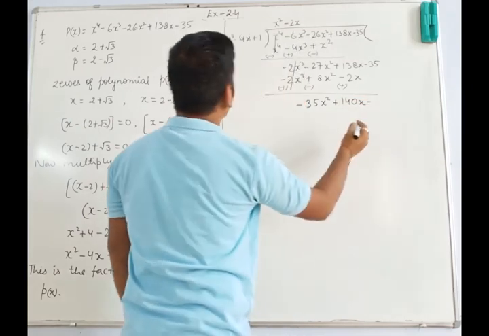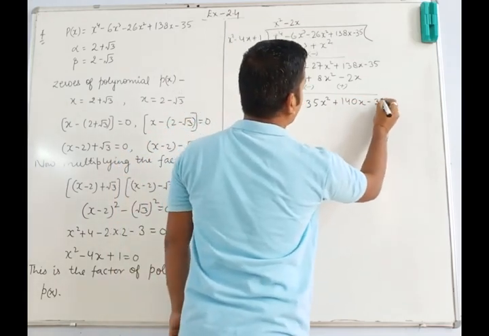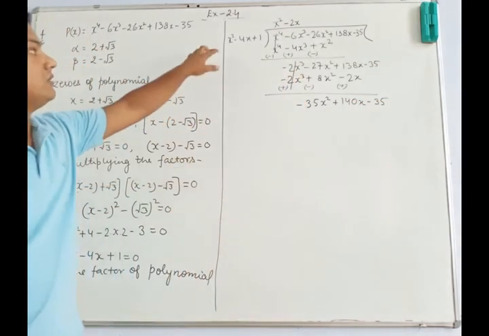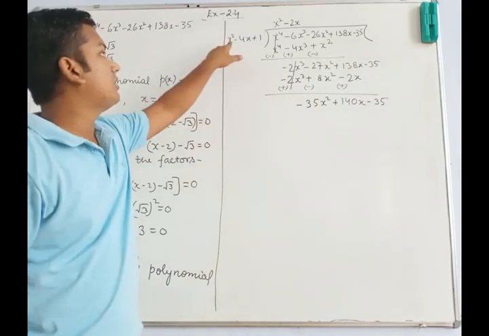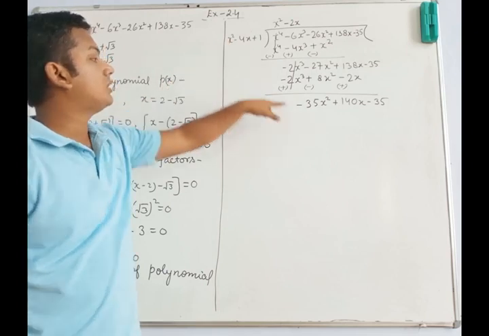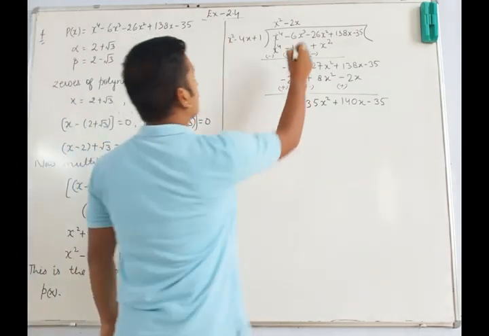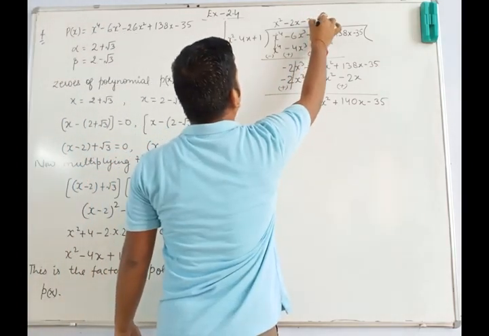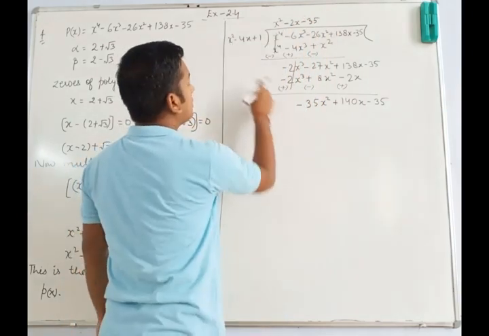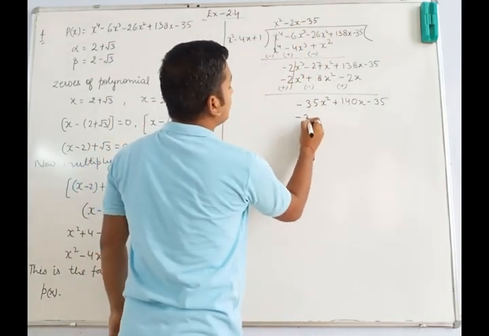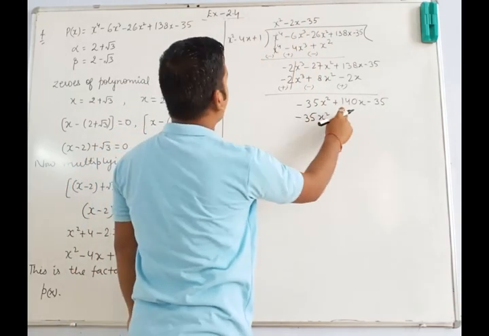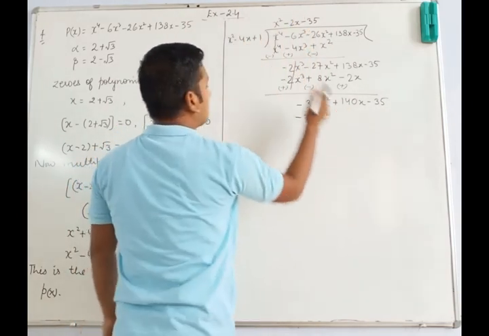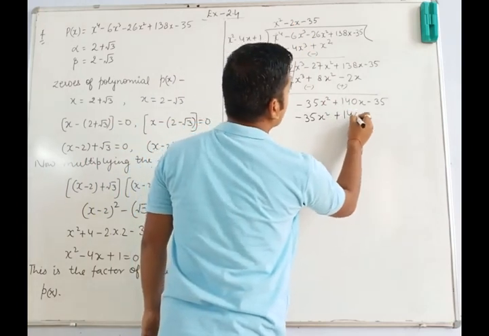140x − 35. Now we have to multiply this one with −35 so that we can get −35x². So −35, multiply it with this x². What will it give you? −35x². −35 into 4 will give you 140x, and minus minus will give you a positive 140x.